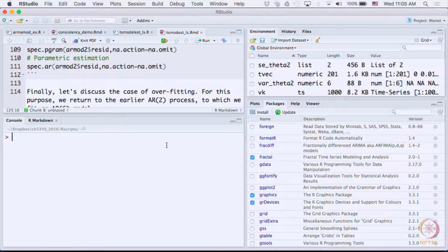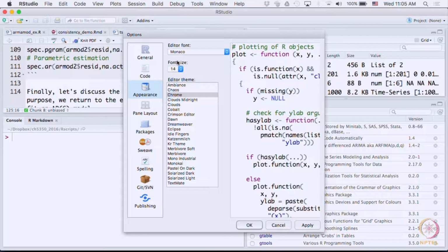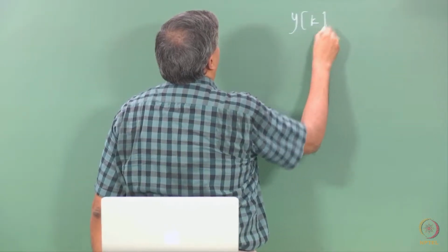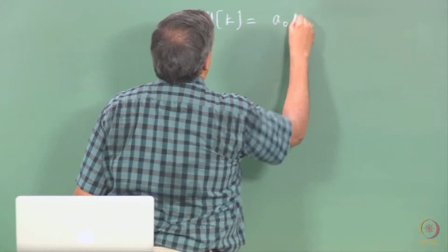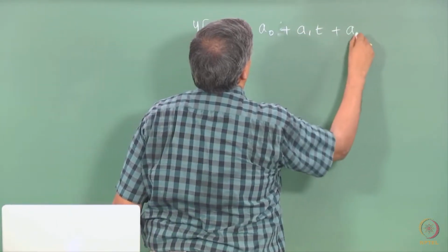Alright. So, here we are just going to work with a synthetic example, a very simple one. We consider some series y which is constructed as a naught plus a1 k plus a2 k square.